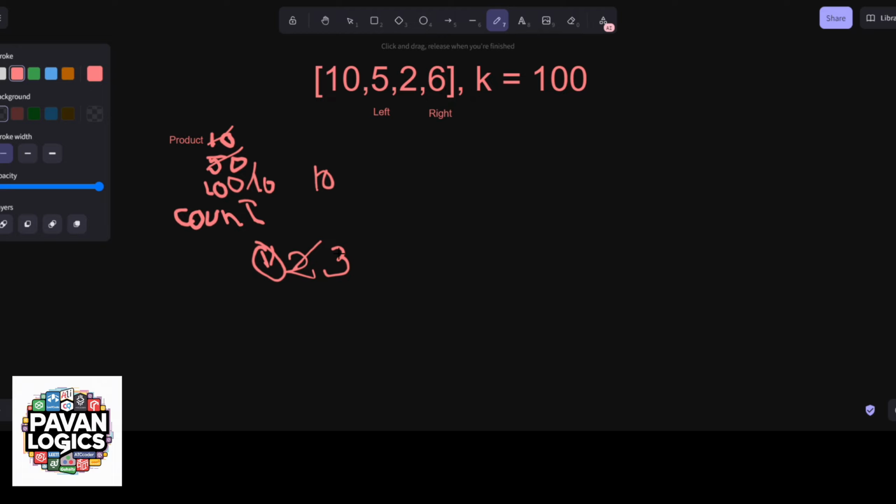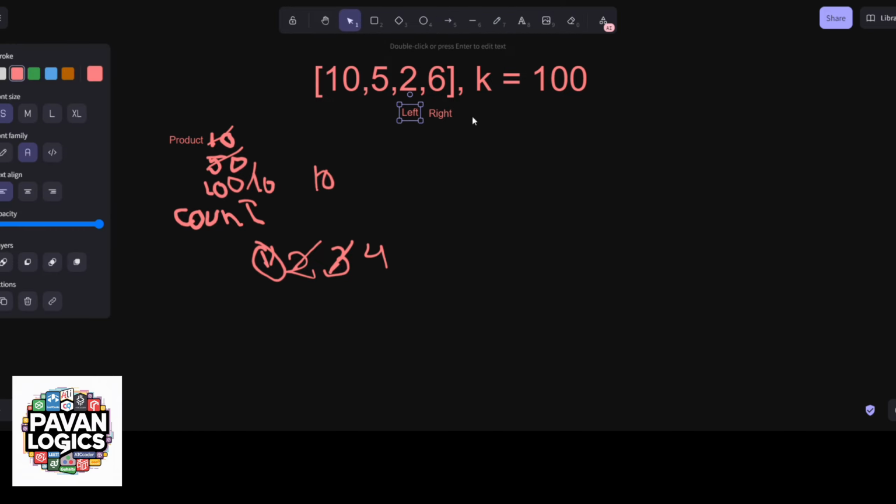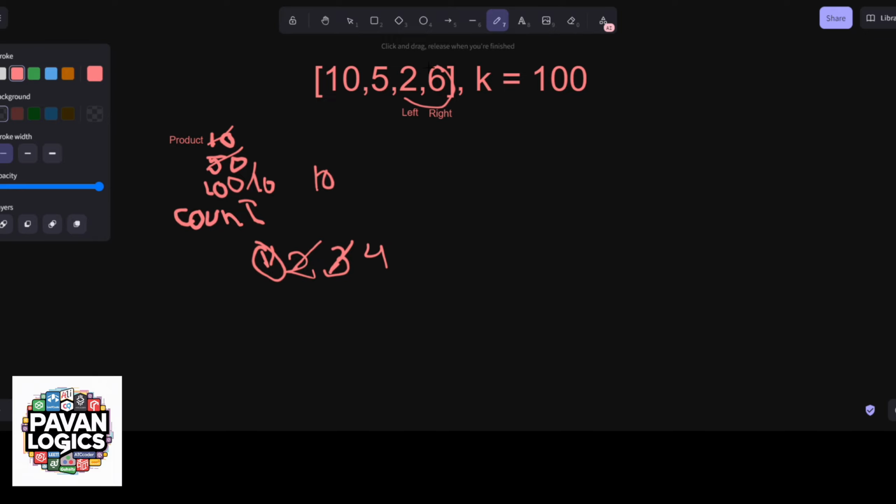Is this valid? Yes. 5 times 2 is 10, 10 times 6 is 60. So we will increment count to 4. Now next we will increment left, and 2 times 6 is 12. So we will increment it to 5.